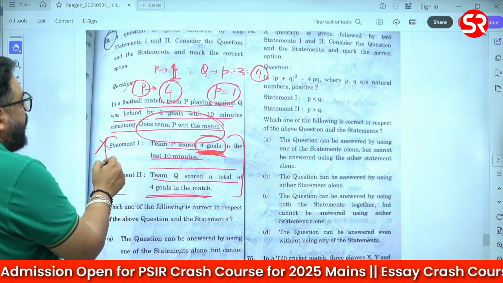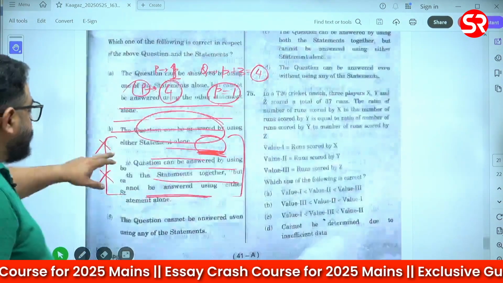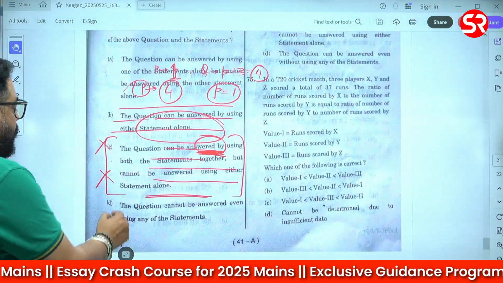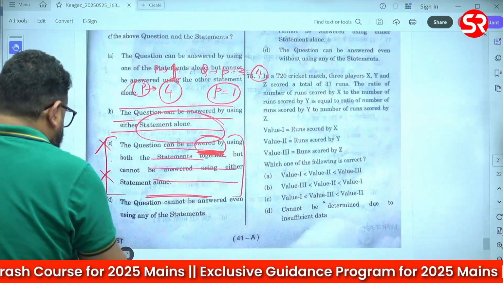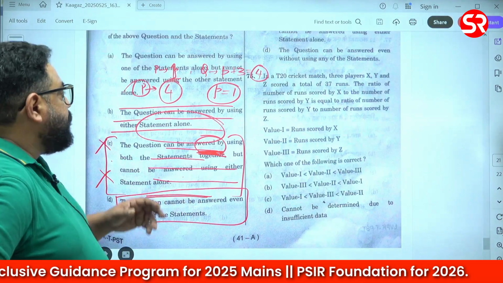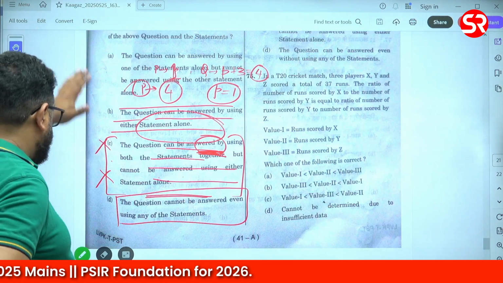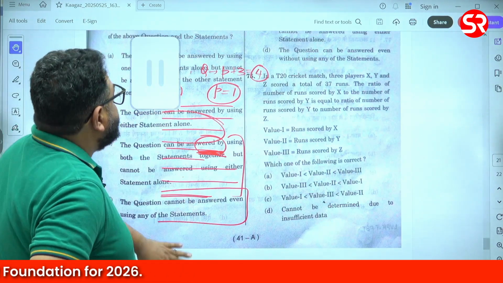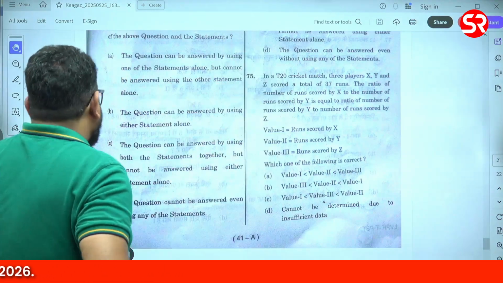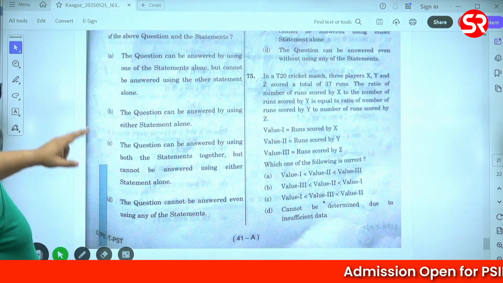No, even by adding them together it is not working. एक बार ऑप्शंस देखें. The question cannot be answered, even using any of the statements. तो दोनों को यूज करके भी आंसर नहीं था। आंसर इज 4, राइट? I hope now you got it, guys. Our kind of paper, isn't it?